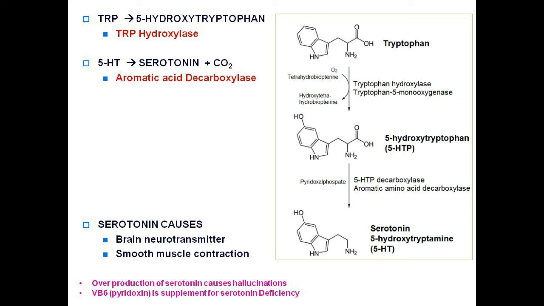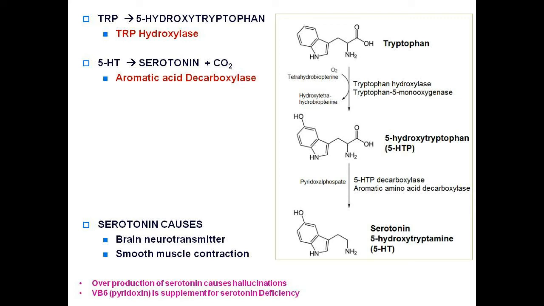So the biosynthetic pathway of serotonin from tryptophan is shown in this slide, wherein the first hydroxylation event of tryptophan by tryptophan hydroxylase yields 5-hydroxytryptophan, and this needs tetrahydrobiopterin as cofactor. This is followed by a decarboxylation catalyzed by 5-hydroxytryptophan decarboxylase requiring pyridoxal phosphate as cofactor, and that yields 5-hydroxytryptamine or serotonin.